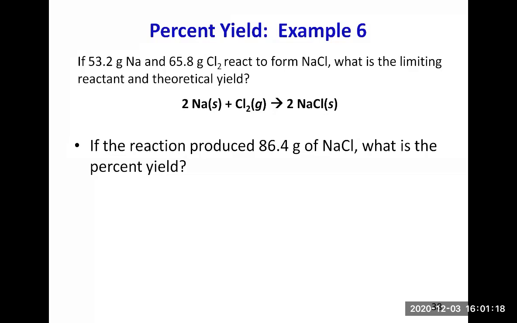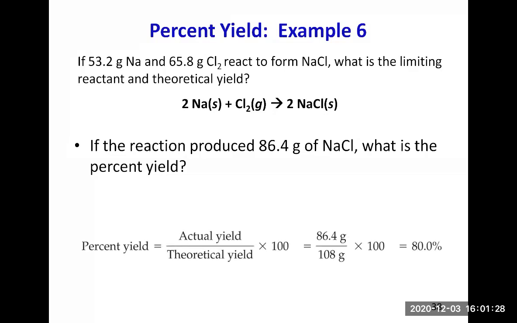It's what we actually produced versus the 108 grams that we theoretically should make. Then we can calculate the percent yield. The percent yield is the actual yield over the theoretical yield times 100. So we take 86.4 grams of NaCl over 108 grams of NaCl times 100, and that's 80%.